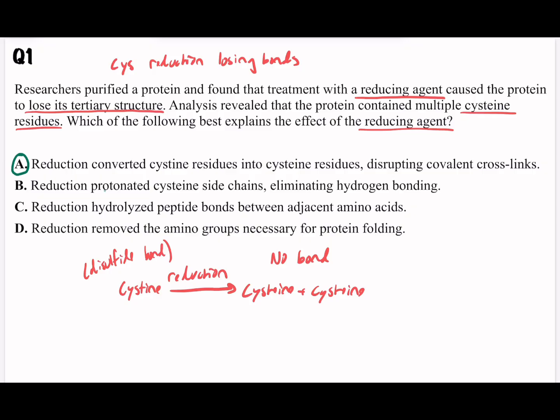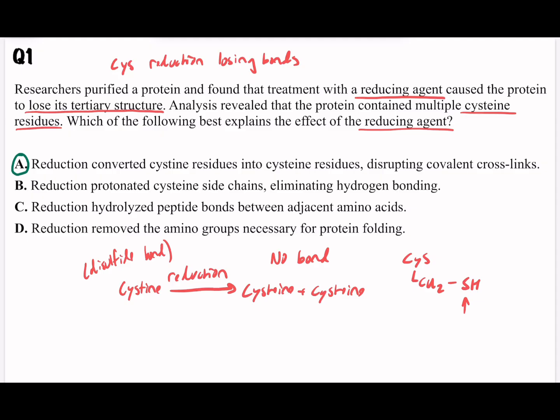Answer choice B, reduction protonated cysteine side chains, eliminating hydrogen bonds. And so we know that the cysteine side chain looks something like this. So hydrogen bonds can occur with this sulfur and this hydrogen here, but this isn't the main functionality of this R group. And actually the hydrogen bonds that can occur with this R group are very weak.